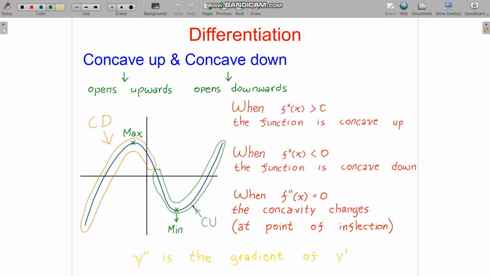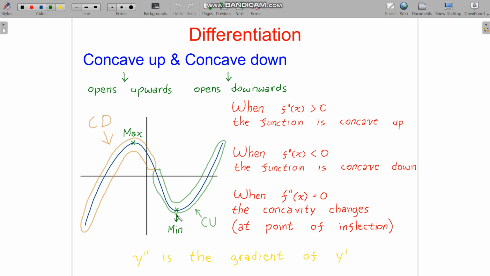The double prime is the change in this gradient. So if it's going from negative to positive, this means the double prime is increasing because the gradient is increasing from something negative to something positive. So double prime is positive means concave up, and concave up means we have a minimum.